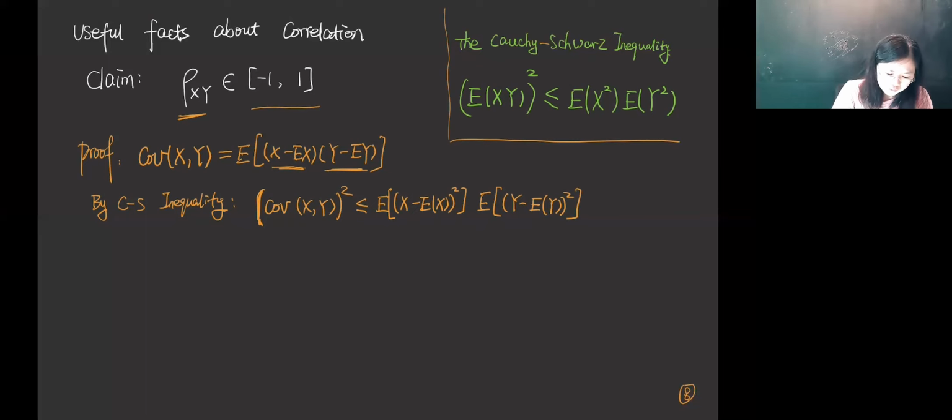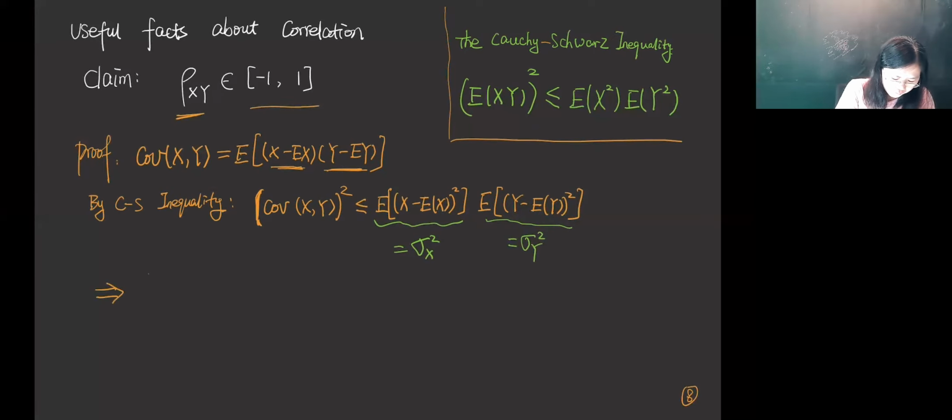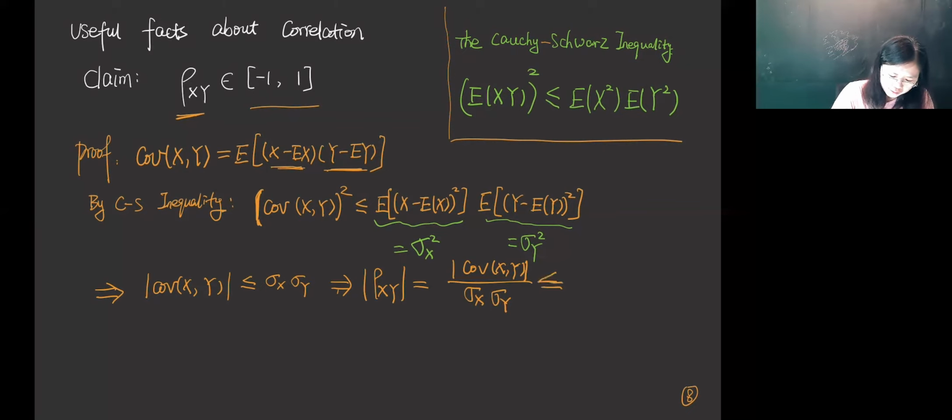Recall that this is the variance of X, and that is the variance of Y. Therefore, the absolute value of the covariance is less than or equal to sigma X times sigma Y. And remember the definition of correlation: the covariance of X and Y divided by sigma X times sigma Y. And that is clearly less than or equal to 1. So the absolute value of the correlation is less than or equal to 1, proving the claim.